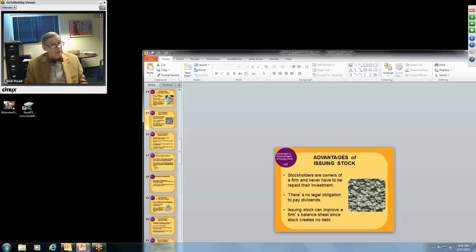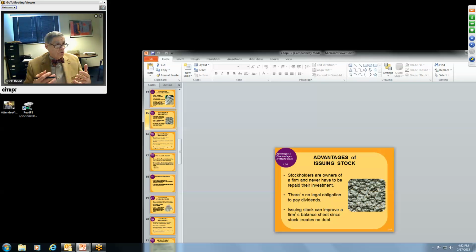Now, notice the last bullet, and this is the most important bullet. Selling stock or issuing shares of stock does not add debt to the company. It creates no debt. What it does do, however, is dilute ownership.